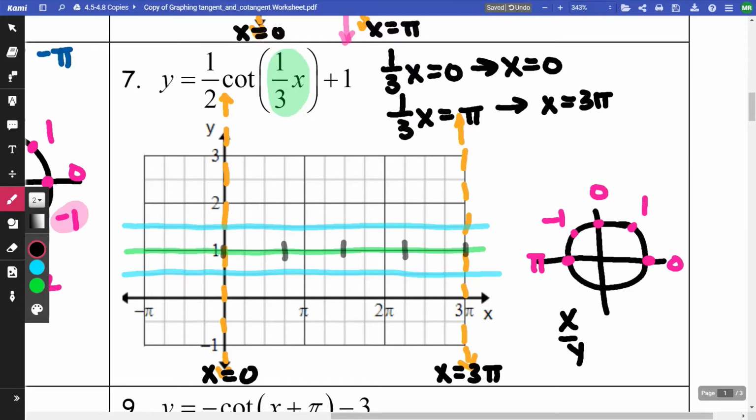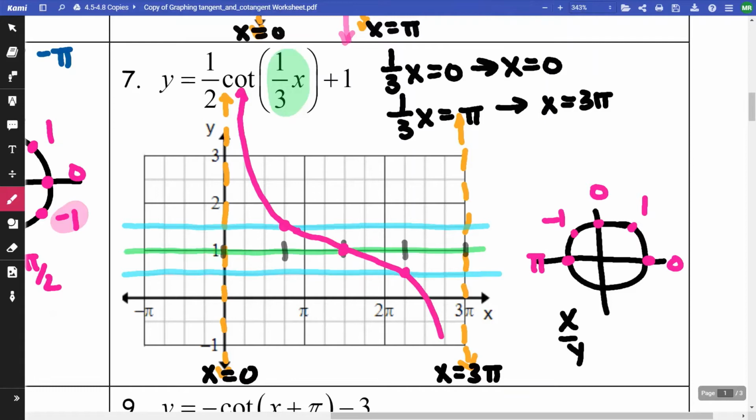And so when I am plotting my points, again, this is a cotangent, which should be starting at our 1, then 0, and then -1. Okay. So my 1 is going to be here at this 1.5, really. This is my 0. And this would be like my -1. And that is our graph.